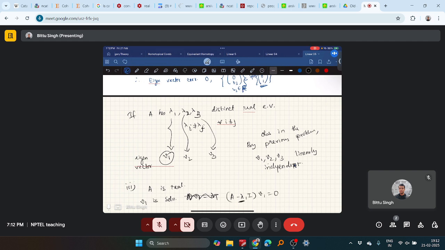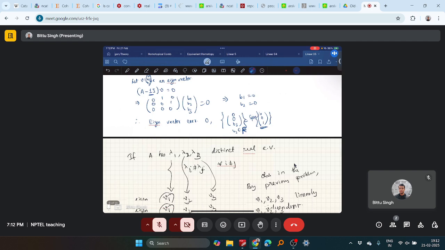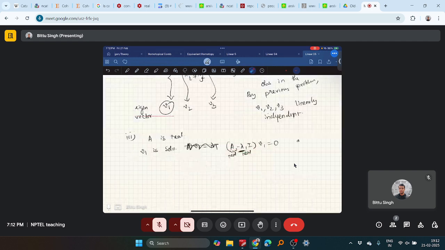We can see lambda 1 is real, A is real, so it is a real equation, right? We have already seen those. If those coefficients are real, then the equation will have real coefficients.